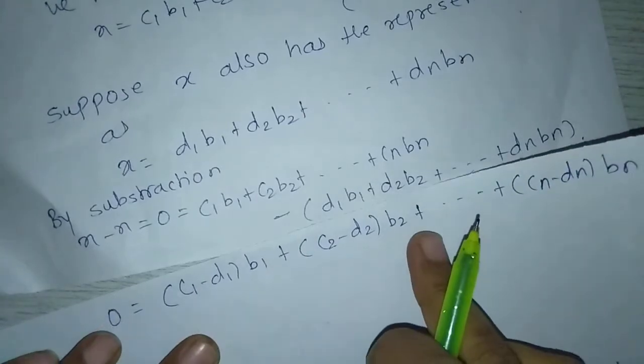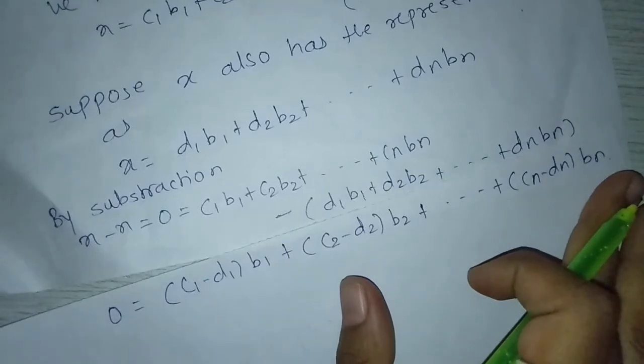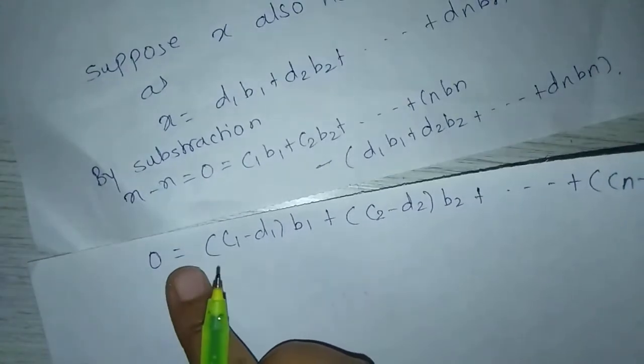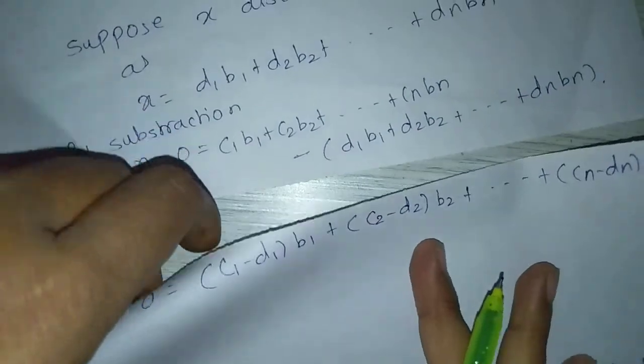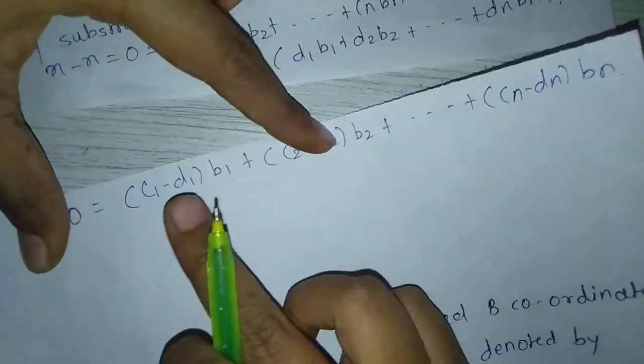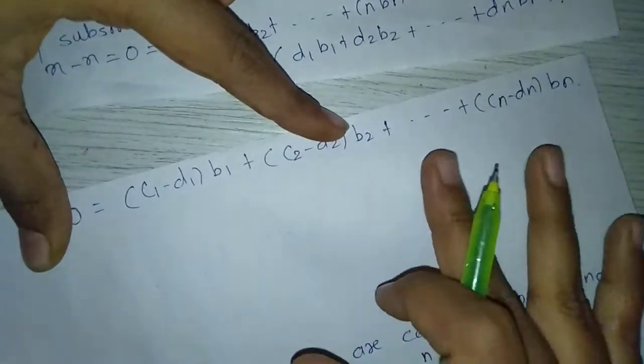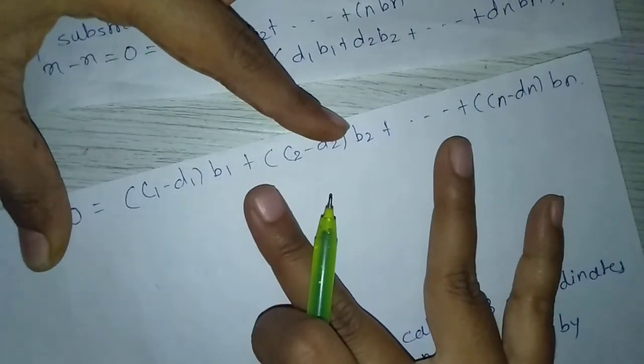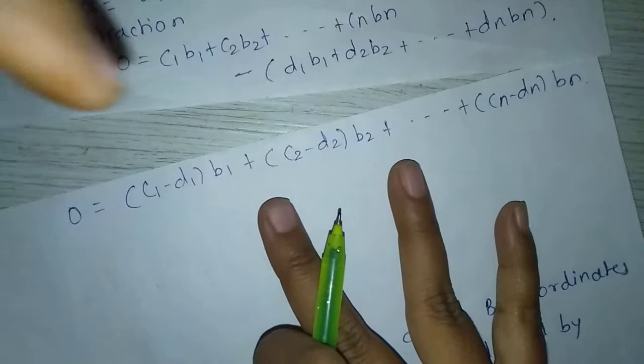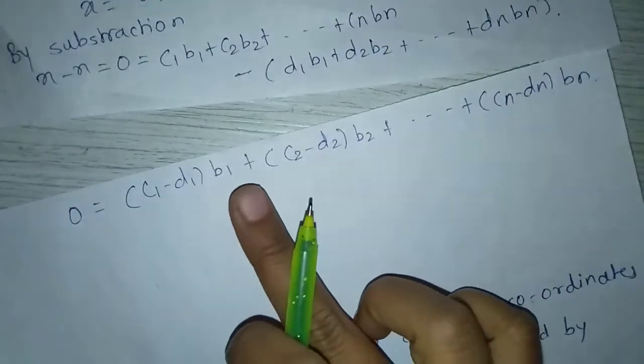Here B1, B2 and so on Bn are the basis of V and 0 belongs to V. A linear combination of these vectors equal to 0 means these vectors are linearly independent, by the definition of basis.